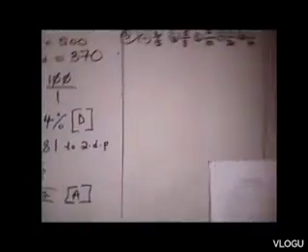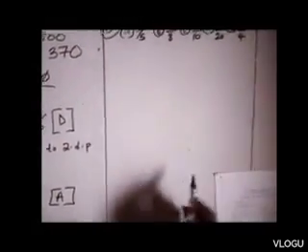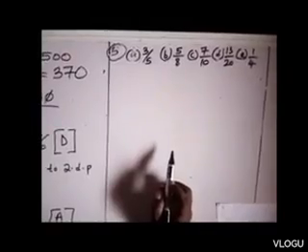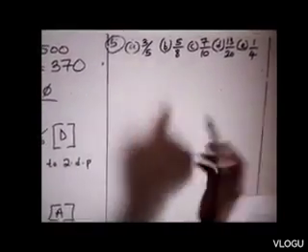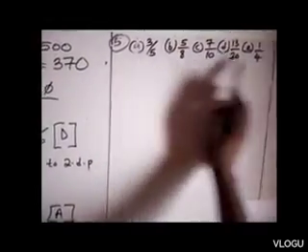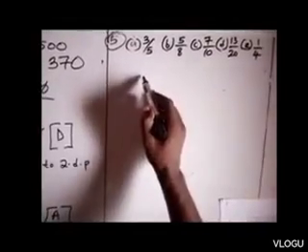And option E, 1 out of 4. To solve this, I can just find the LCM of all the numbers, so as not to waste time. There are different approaches I can use, but let's just find the LCM since the numbers here are very easy.